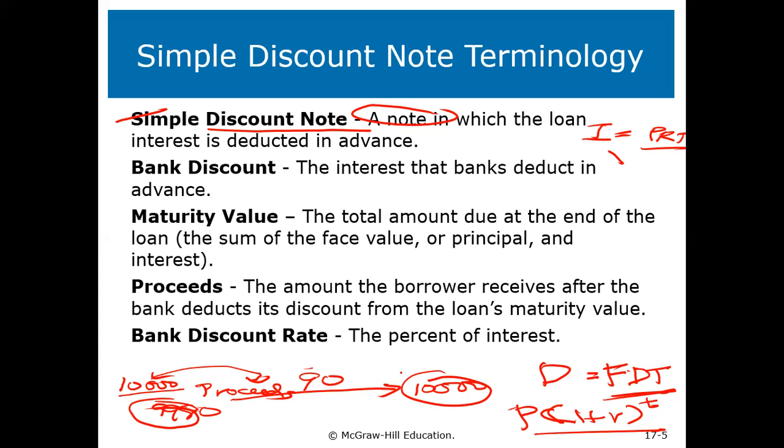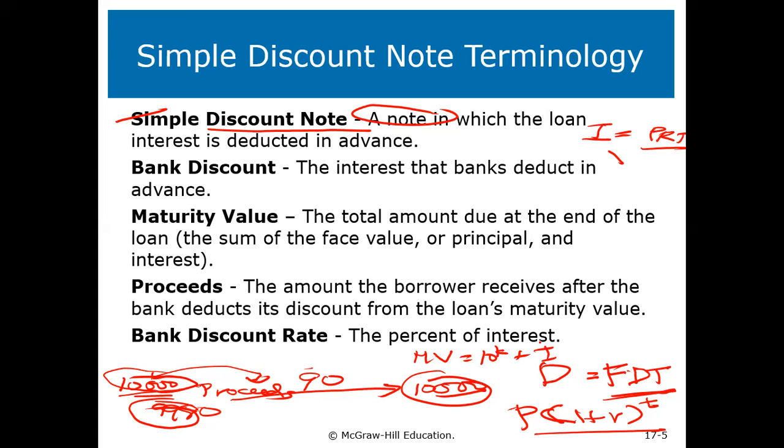So the maturity value of a discount note is the same as the face amount. For an interest note, the maturity value is not the same as the face amount: it will be 10,000 plus whatever the interest is.